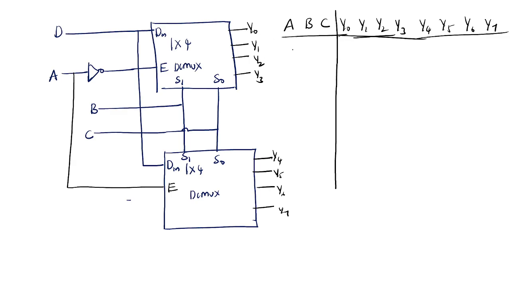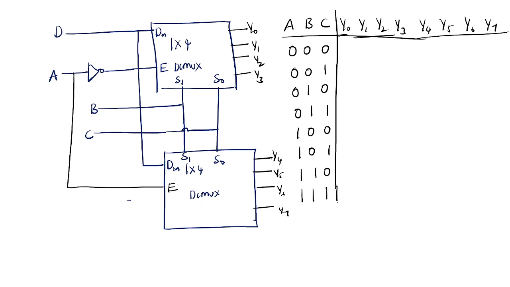Three inputs are there. How many possible combinations? Eight. 2 cube means 8 possible combinations.